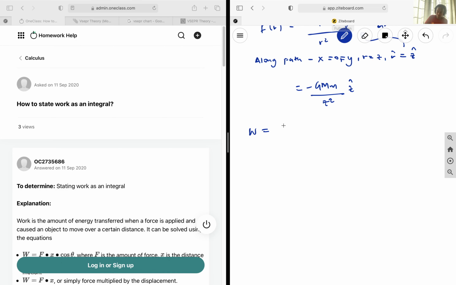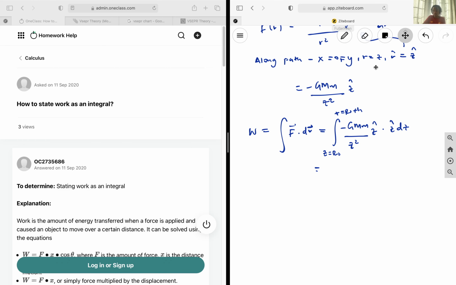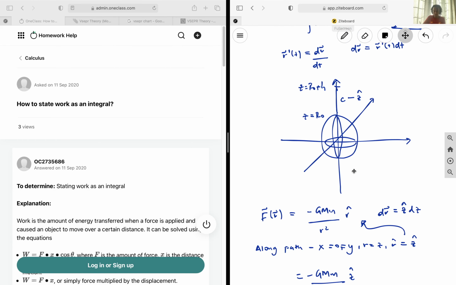So the work done is going to be equal to the integral of F dot dr is what we found. And so that is going to be the integral of negative GMm over z squared z hat. And then we know dr is going to be z hat dz. And so when we take the dot product of those two, it's going to be from z equal to R0 to z equal to R0 plus h, because we're finding how much work is done in between here and here.